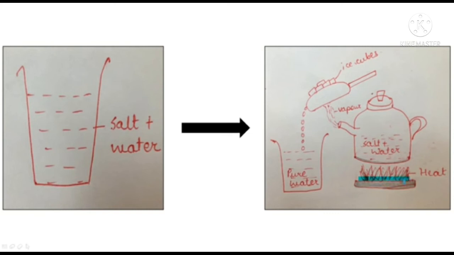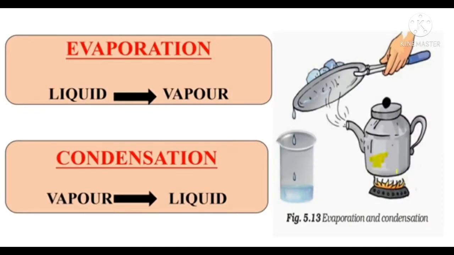Now, the salt will be separated from the water by heating it. The water gets converted into vapor by the process of evaporation. And when this water vapor comes in contact with a cold surface, it is further converted into liquid by the process of condensation.